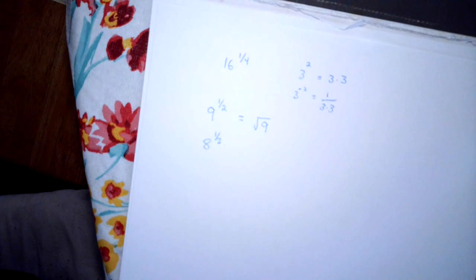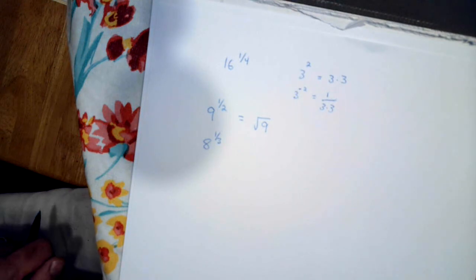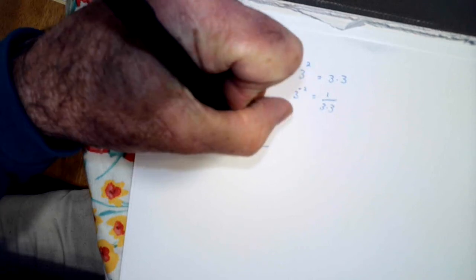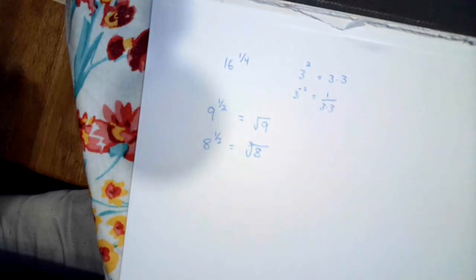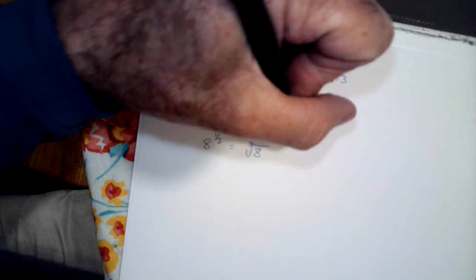1/3, instead of a square root, you're going to be looking at what's called the third root of 8. What does that mean? Well, what does the square root mean?